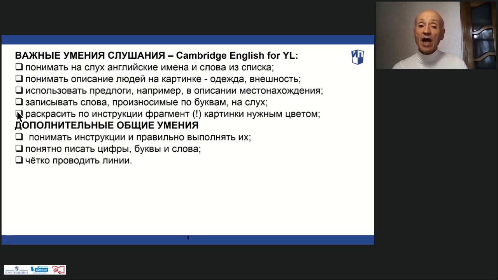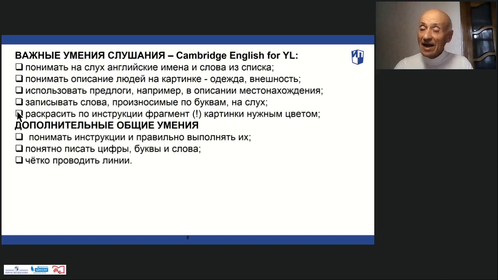Learners are to be able to selectively color a certain section of the picture with the right color. They are not to color the whole picture, but they are to be attentive. They are to listen to the description of the picture and to color selectively exactly what is said.